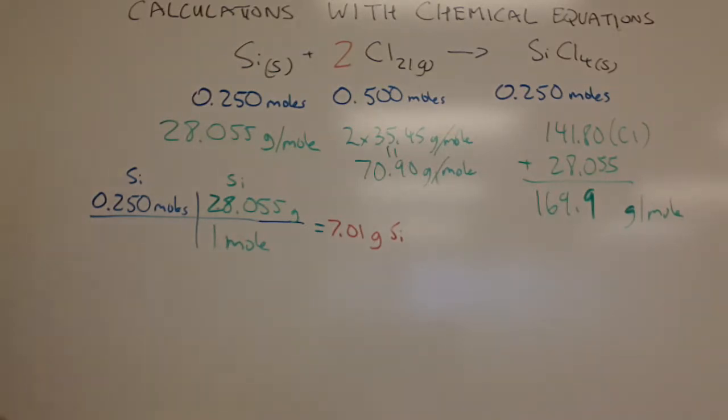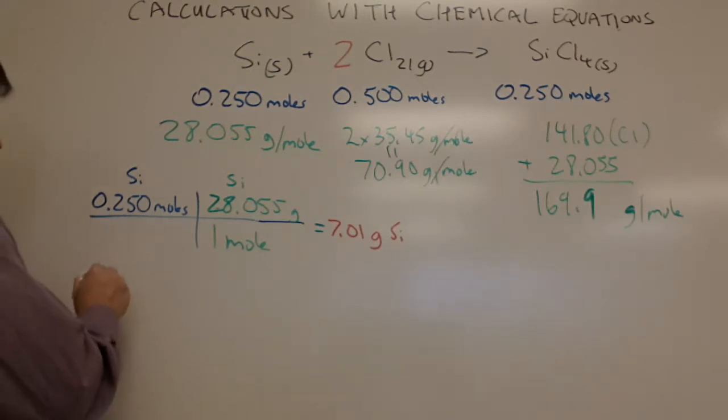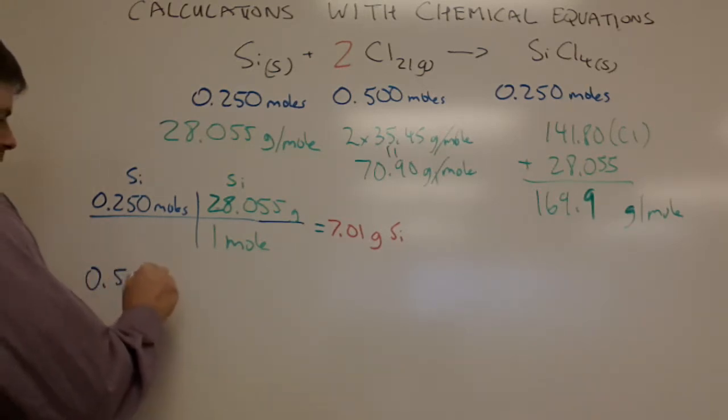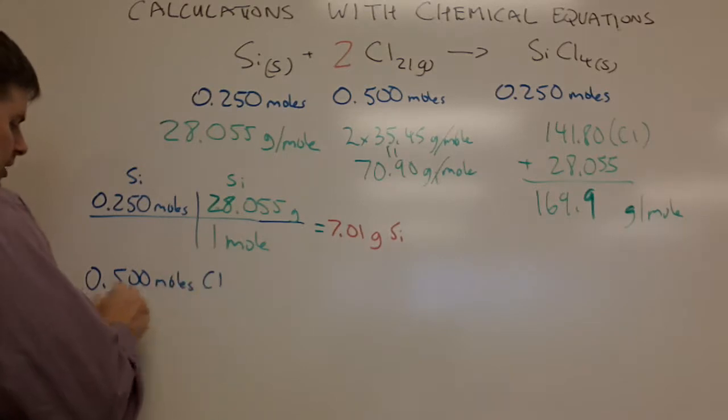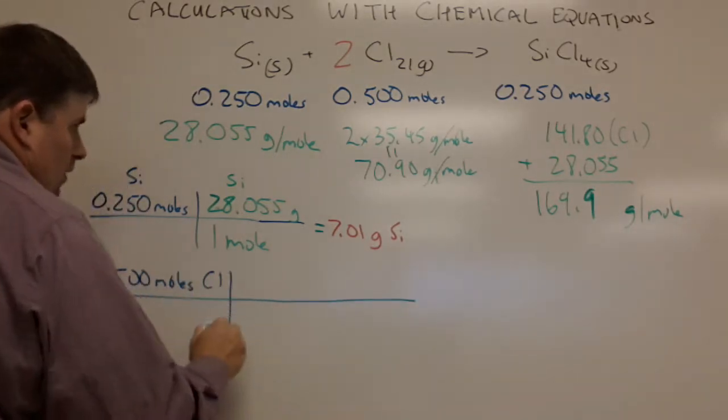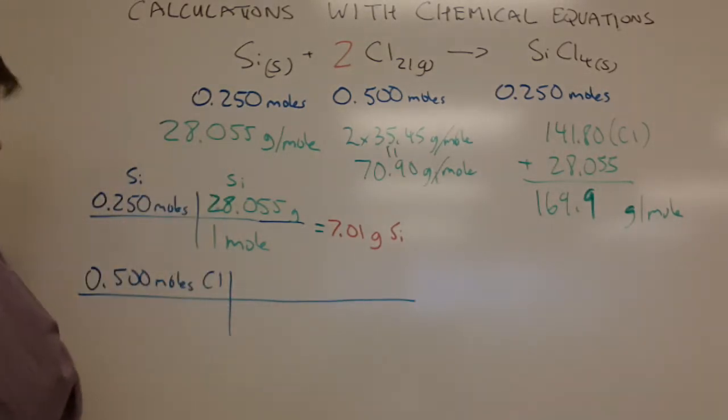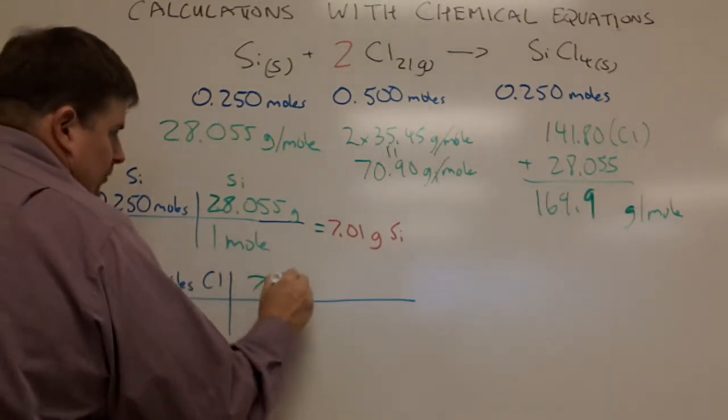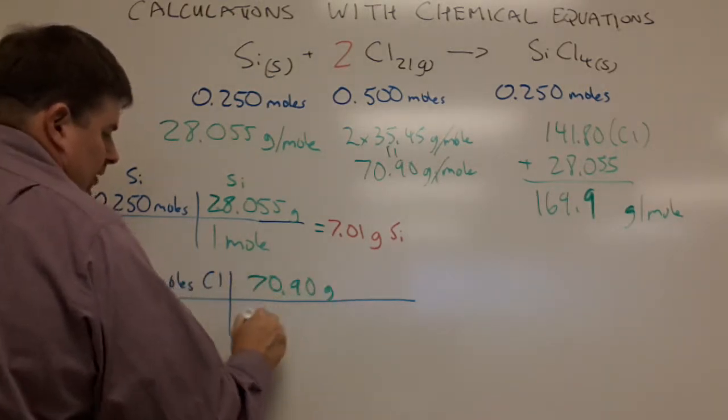I'm going to do the same thing up here with chlorine: 0.500 moles of chlorine. On the second term, we use 70.90 grams for every 1 mole.